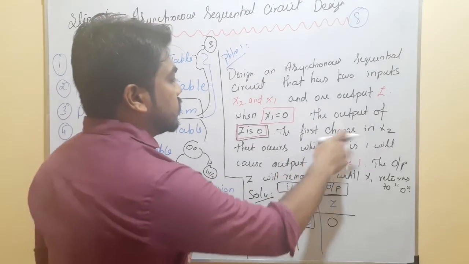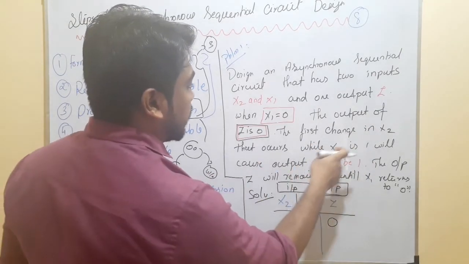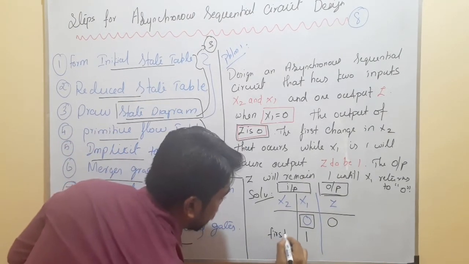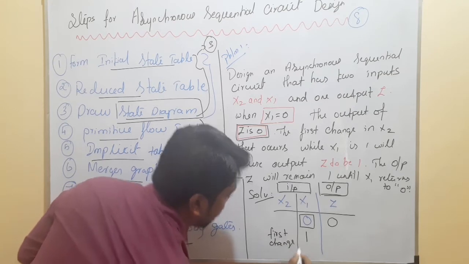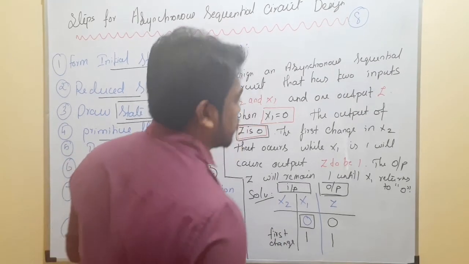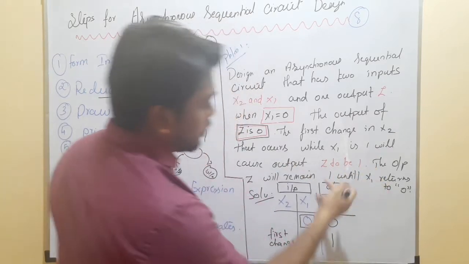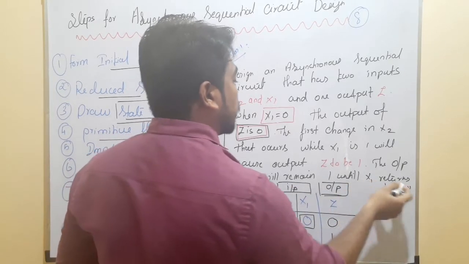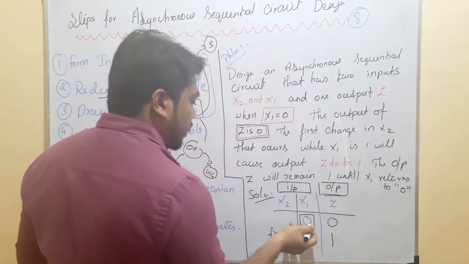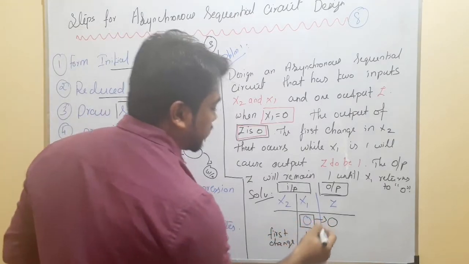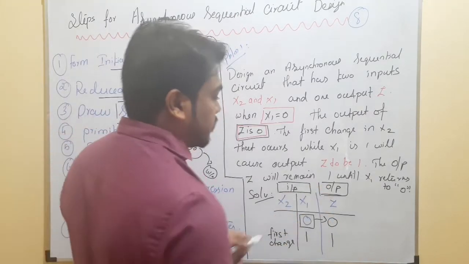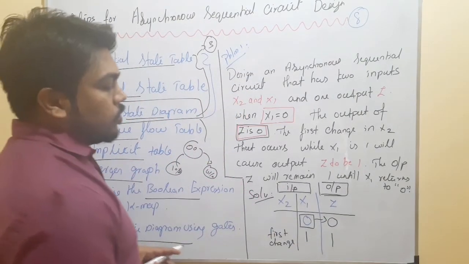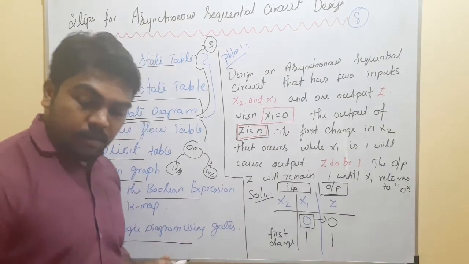Then the first change in x2 that occurs while x1 is 1, when it happens, your output z is 1. The output z will remain 1 until x1 returns to 0, which means whenever x1 is 0, the output is 0. When 0 means 0, that's it, no doubt. So this is the simple thing given.